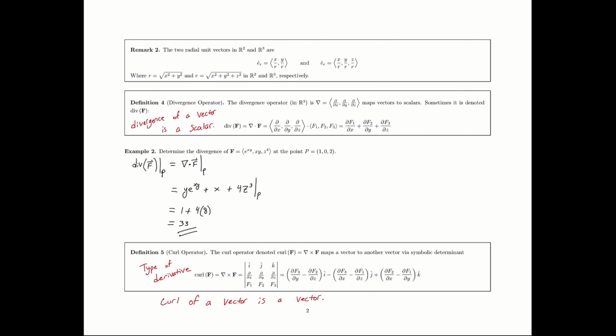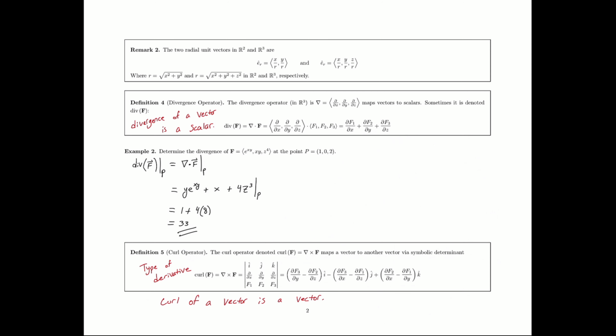So the curl, in short, is a way of quantifying the rotational character of your vector field. At a certain point, how much is your vector field rotating? How rotatey is it at a specific point is effectively what the curl is telling us.